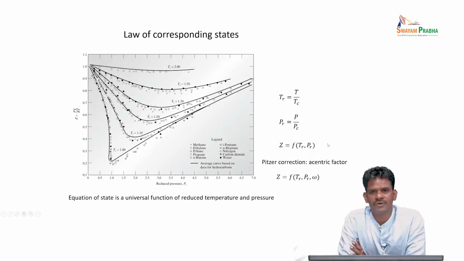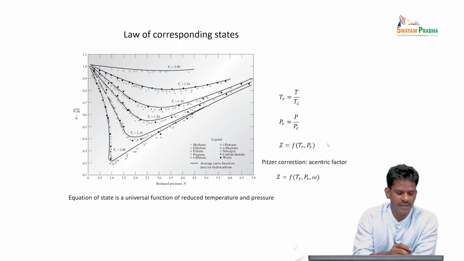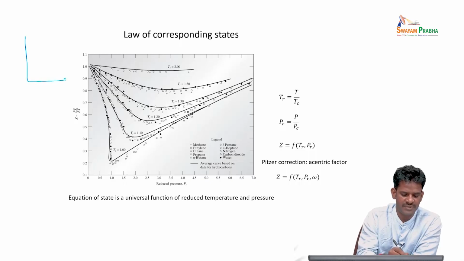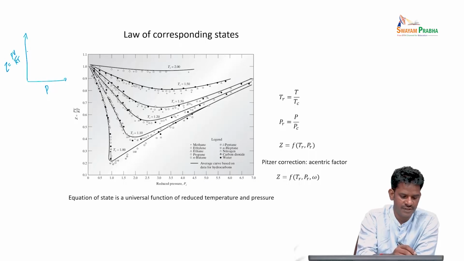So before we talk about reduced units, let us briefly discuss a principle called the law of corresponding states. For a simple fluid system, if you plot the compressibility factor Z, which is defined as PV by RT, as a function of pressure for different temperatures, you would see certain behavior like this.